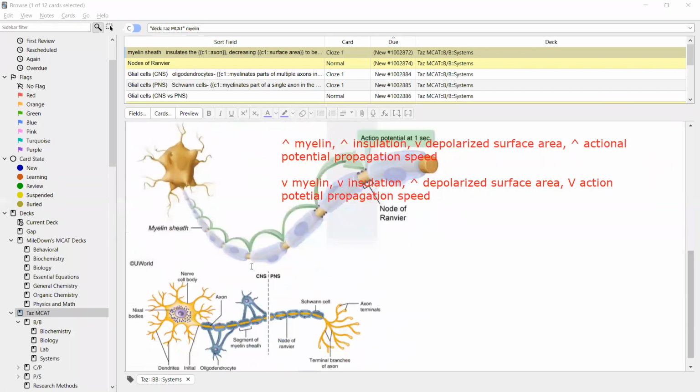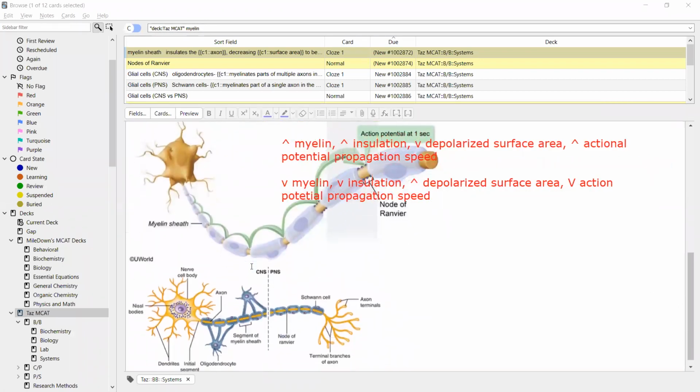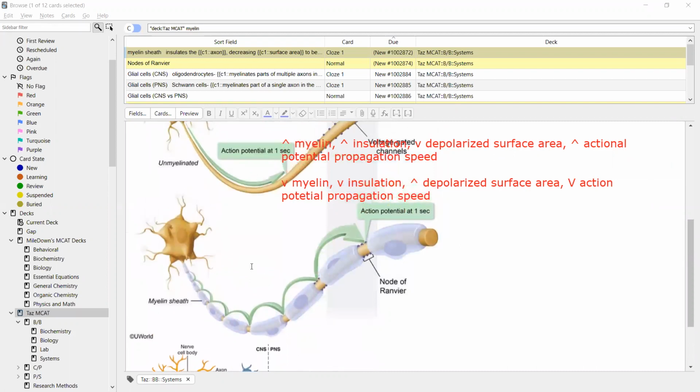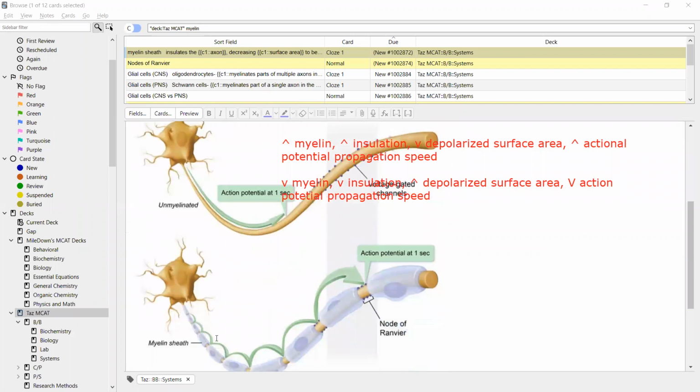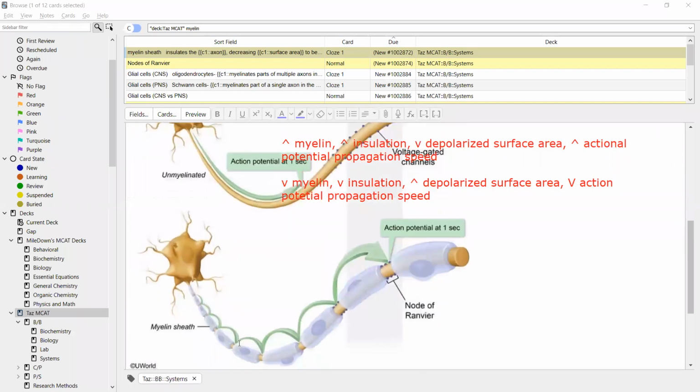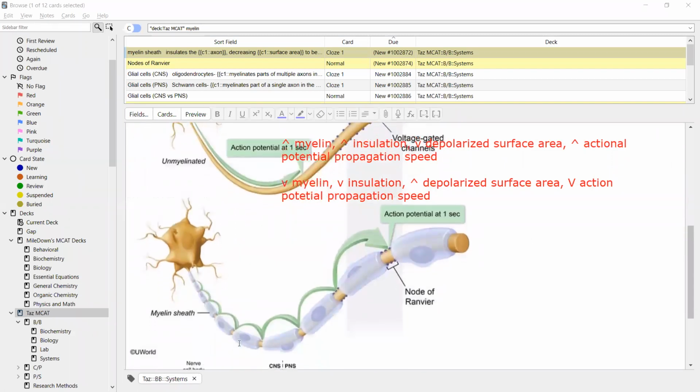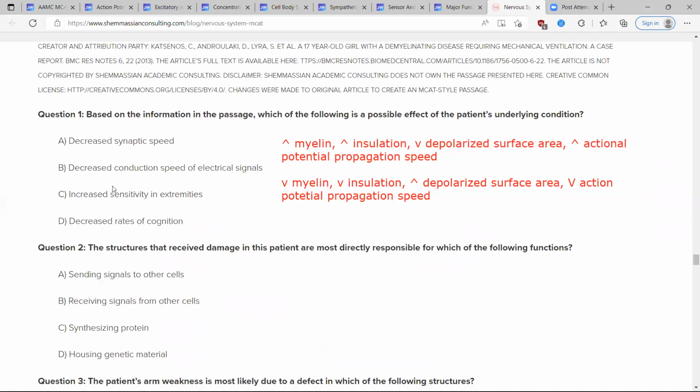So here we have an action potential propagating down an axon. And this is what B is referring to: conduction speed of electrical signals.